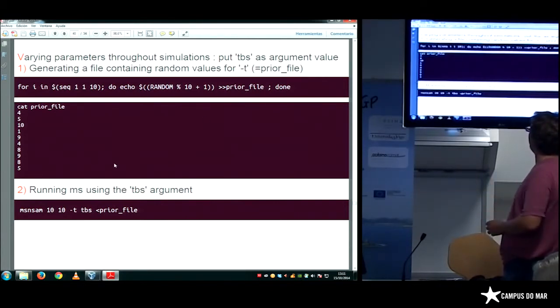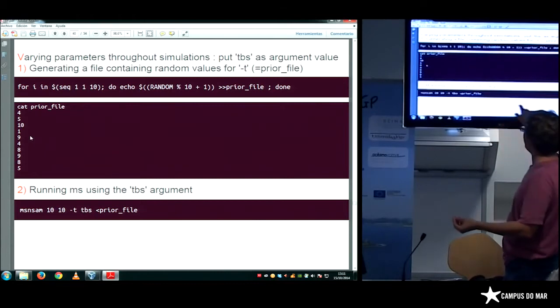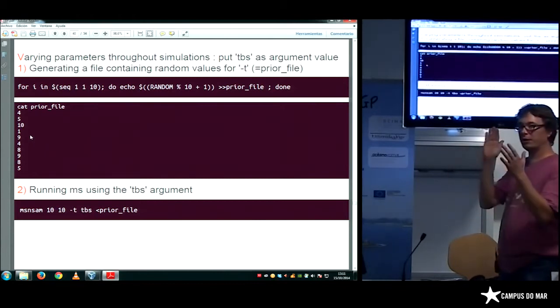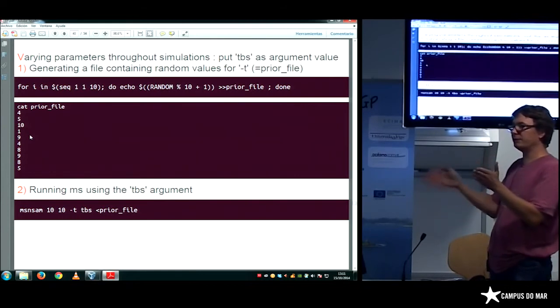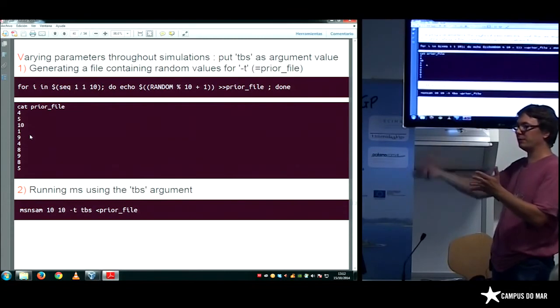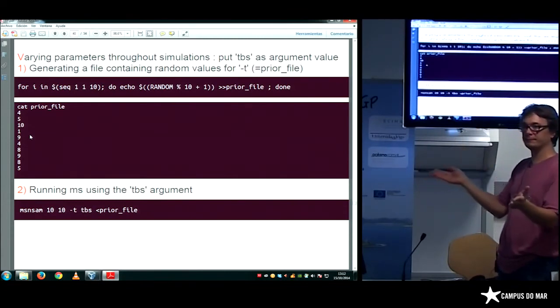Here you are going to do 10 simulations, and each time TBS will be the value generated previously. So with this command line, you do 10 simulations with 10 different values of theta, theta being sampled in a uniform distribution between 1 and 10. Okay?